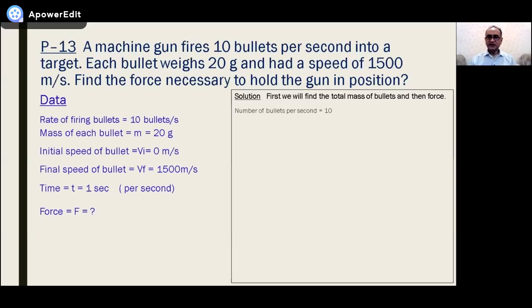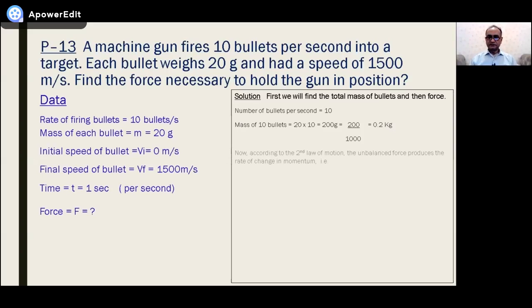Number of bullets 10. Mass of each bullet is 20. So what is the mass of 10 bullets? 200 gram. We divided by 1000, we got 0.2 kilogram. So this is the mass, 0.2 kilogram. Okay? It means 0.2 kilogram of bullets are coming out in 1 second.